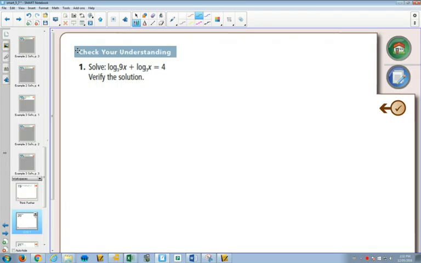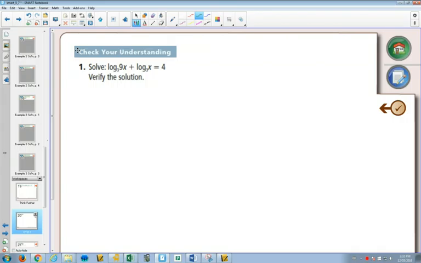The idea for solving inside of a logarithm is that we're going to want to change it to exponential form. If we can use our definition of a logarithm to change it to an exponential form, we'll be able to solve it. However, the only way that we can use our definition of a logarithm is if we have a single log.